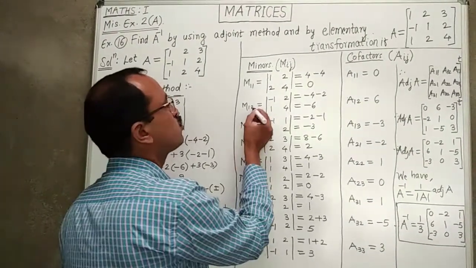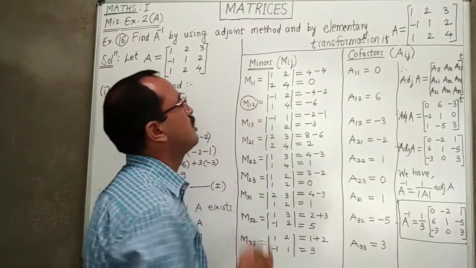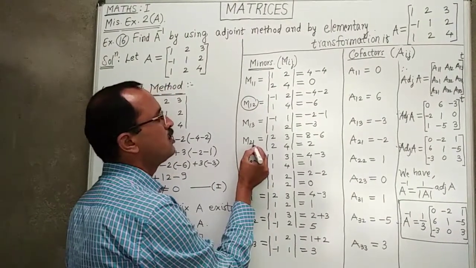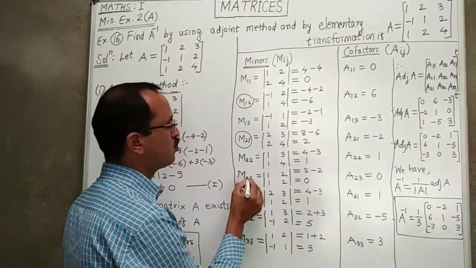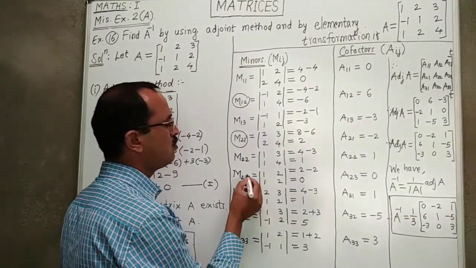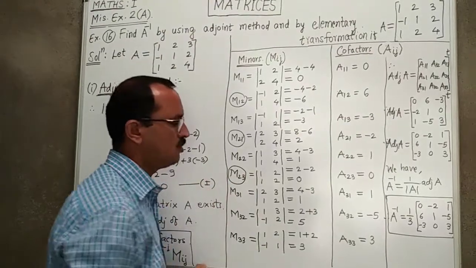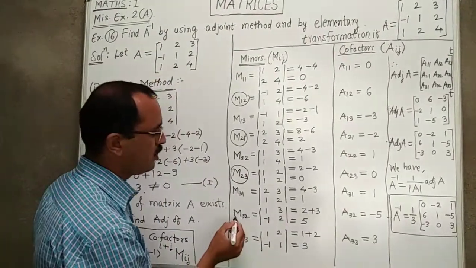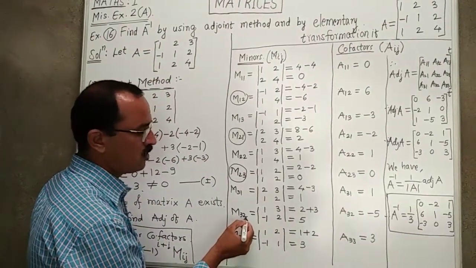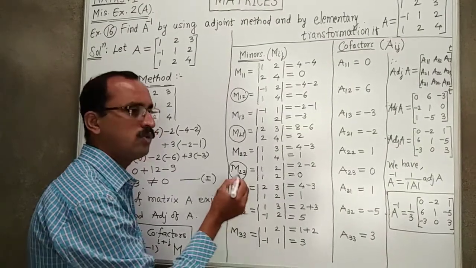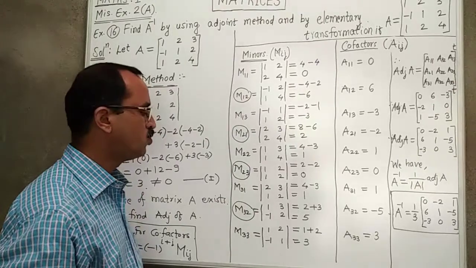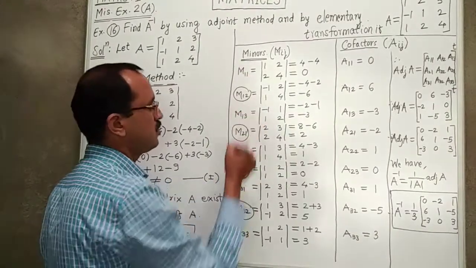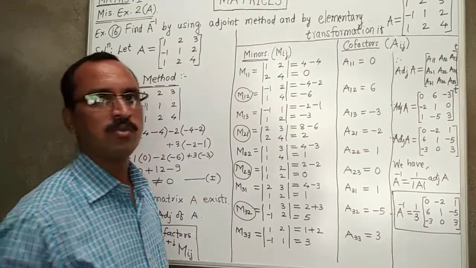So here 1 plus 2 is an odd number, so we change the sign of this minor. 2 plus 1 is an odd number, so we change the sign of this minor. Also 2 plus 3 is equal to 5, an odd number, so we change the sign of this minor. And lastly 3 plus 2 is equal to 5, minus 1 raised to 5 is minus, so we change the sign of M32. The remaining minors and cofactors are the same.